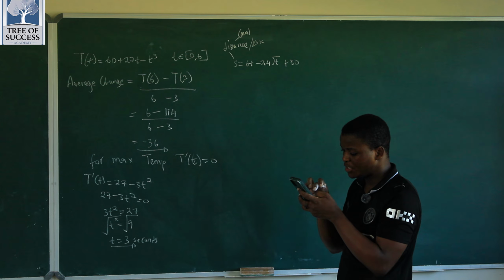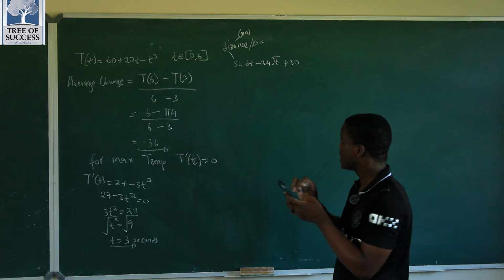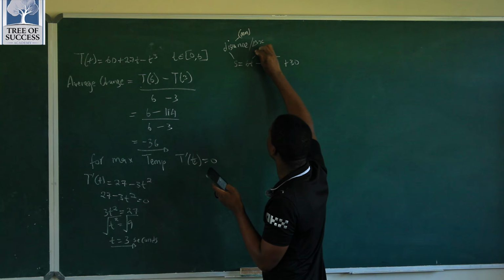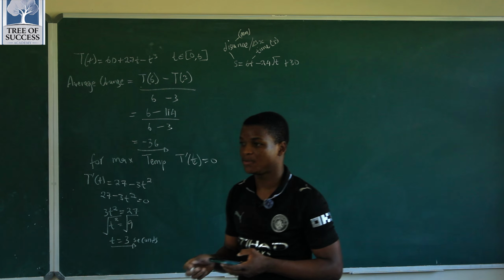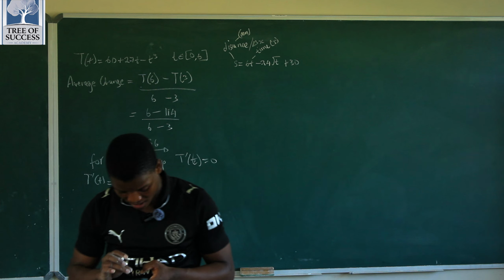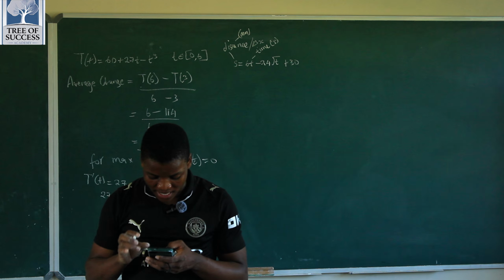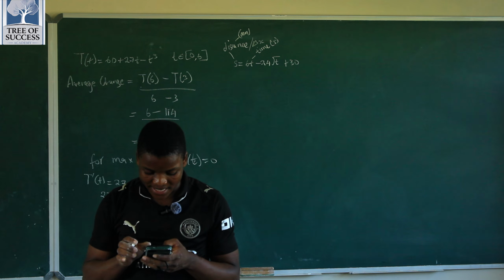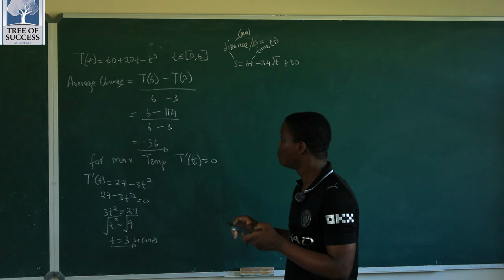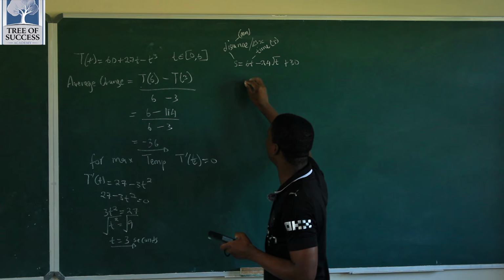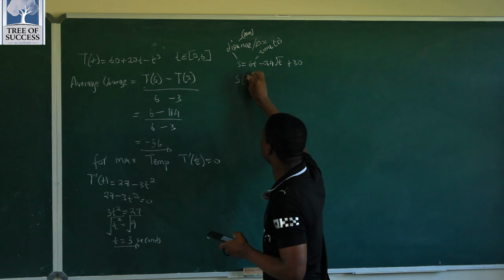From a fixed point P after t seconds. You should see that t here is time in seconds. Right? Okay, now it says determine the distance from P after 9 seconds. So we want S at 9.